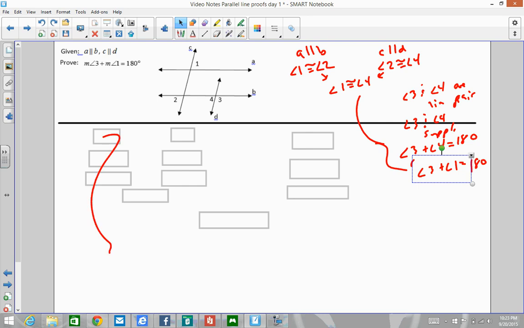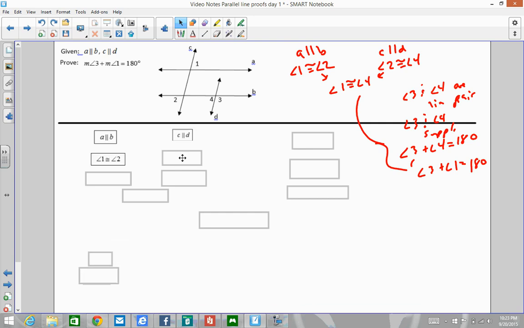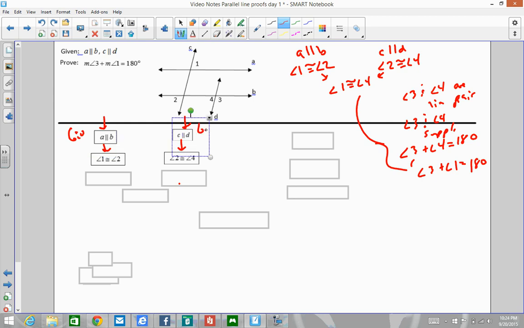So first of all, my pen is on. I got A is parallel to B, and I got C is parallel to D, and we said this in our given information. So we go to here, and this goes to here and here. And so this was given, this is given.